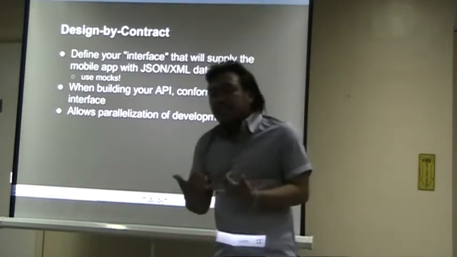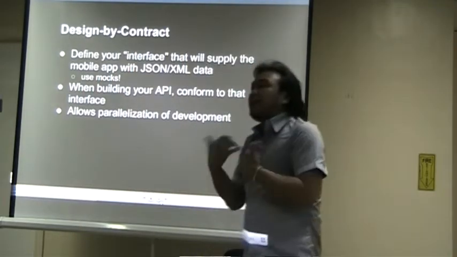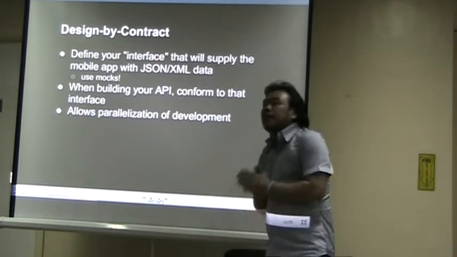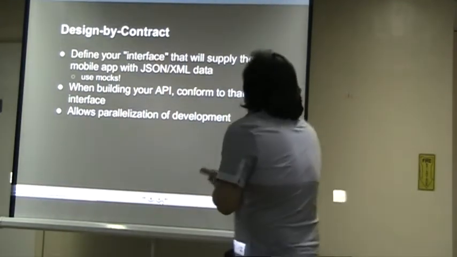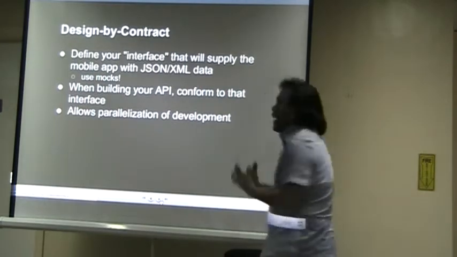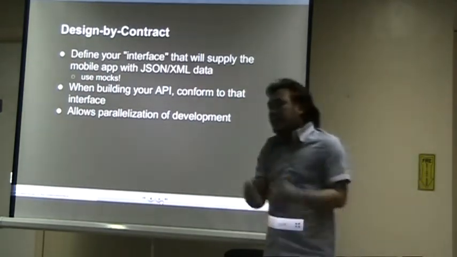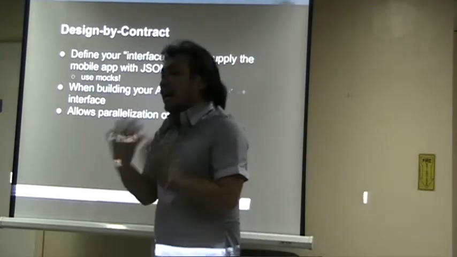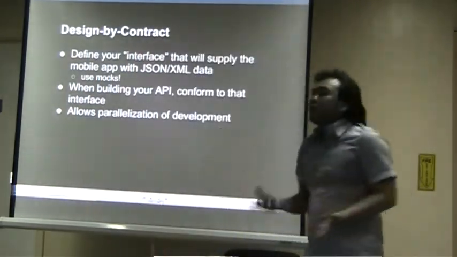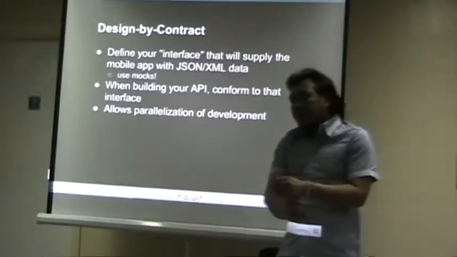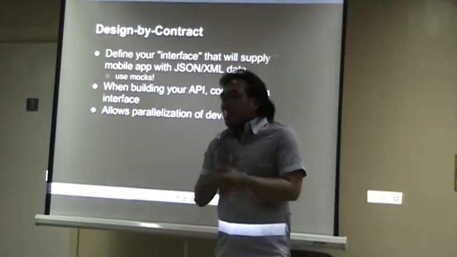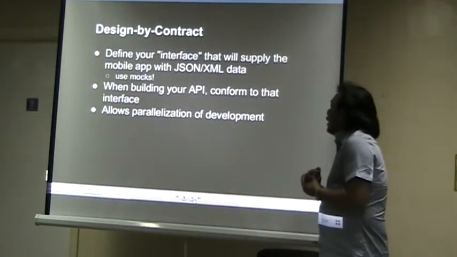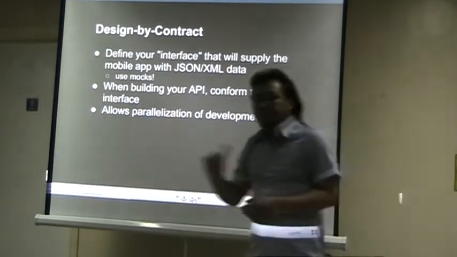The mobile client didn't need to wait on me to finish my server stuff before they could start development. So the idea is just to maintain a contract between your mobile client and your web API by defining the interface of how they connect. That relates as well to picking your format, picking whether or not you'll be using REST, or whatever other design considerations you want to make when you are planning your app.